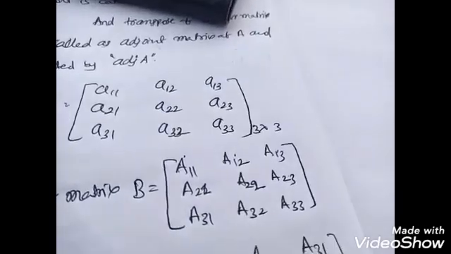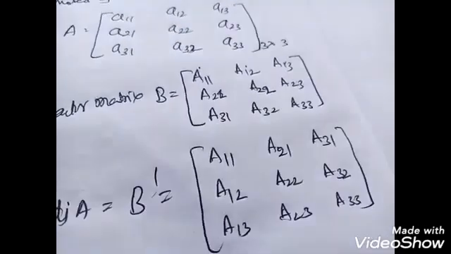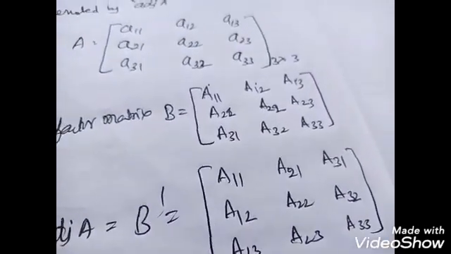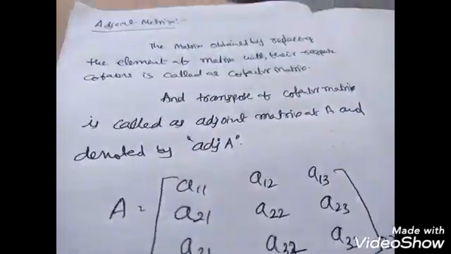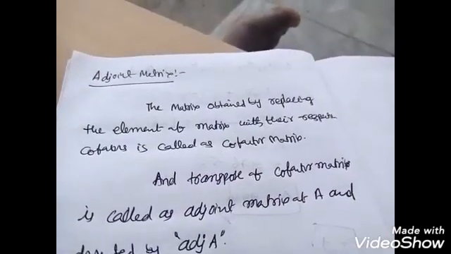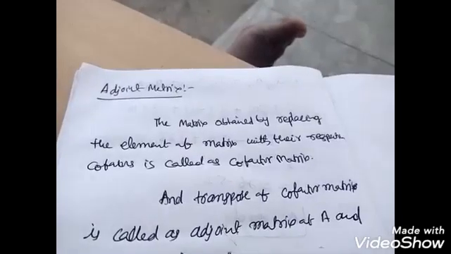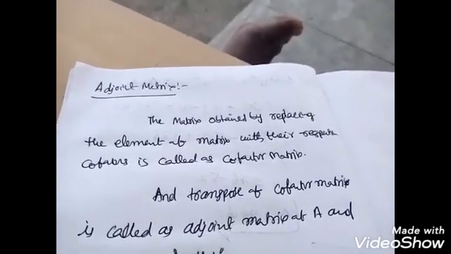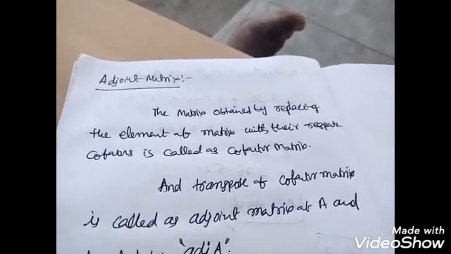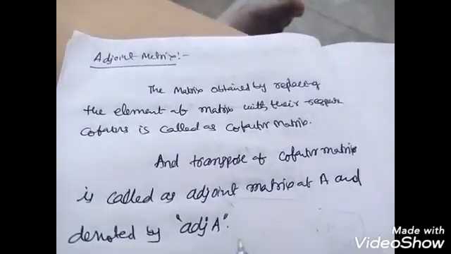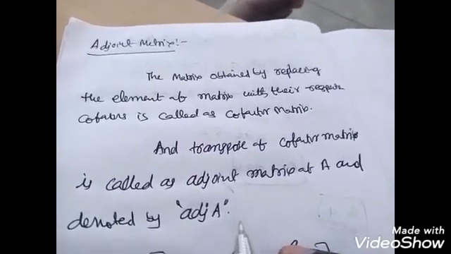Further, you have to take the transpose of this, which is called the adjoint of matrix A. So the matrix obtained by replacing the elements of the matrix with respective cofactors is called the cofactor matrix, and the transpose of the cofactor matrix is called the adjoint matrix of A, denoted by adjoint of A.